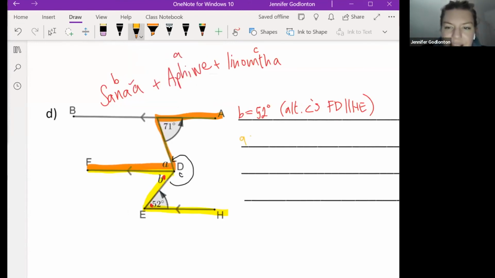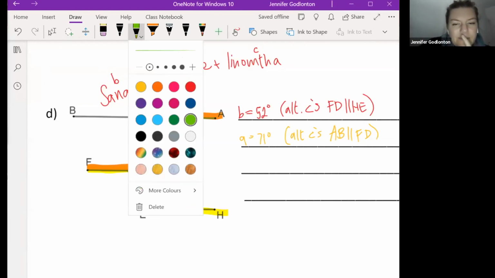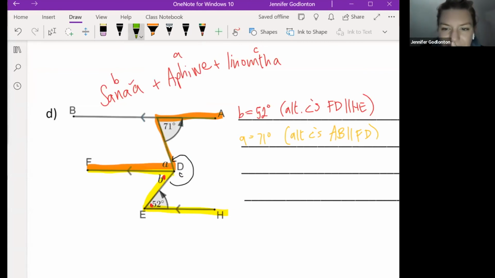So A is equal to 71 degrees because of alternate angles when AB is parallel to FD. Nice. You guys are sitting on 4 marks right now if you have gotten this far. Linonta, can you help me with C? I said A plus B plus C equals 360 degrees because angles around a point.